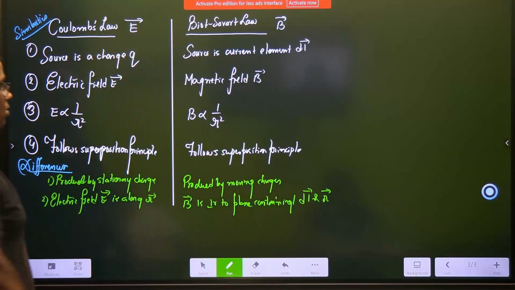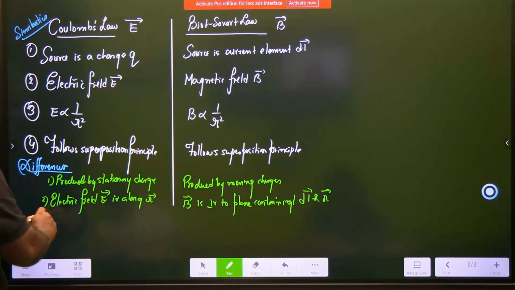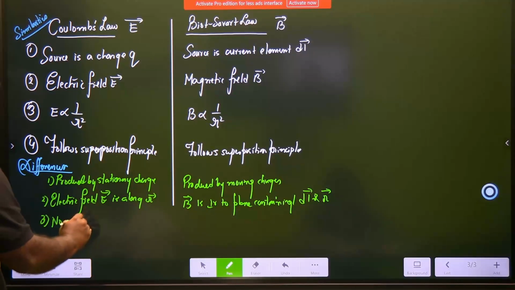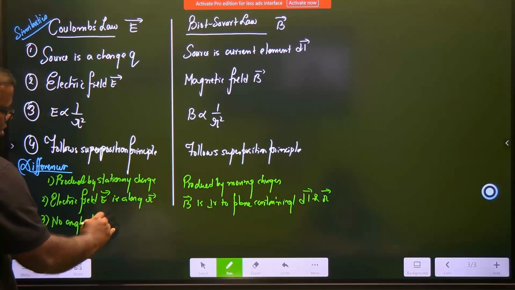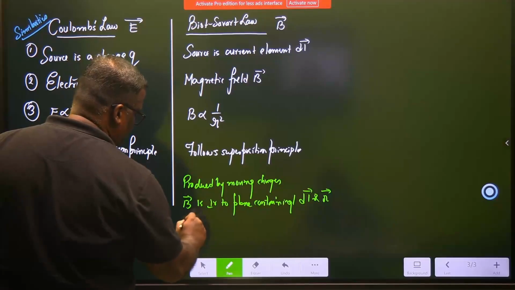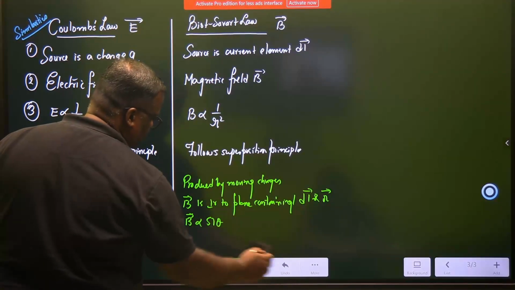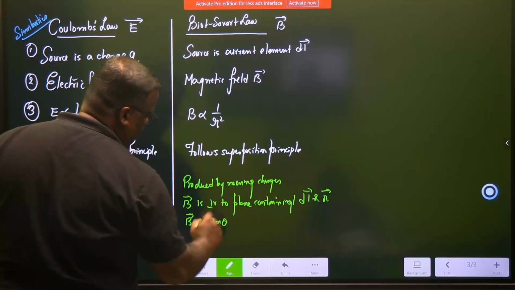It is perpendicular to the plane containing dl vector and r vector. Third, no angle dependence. And here B depends on sine theta.